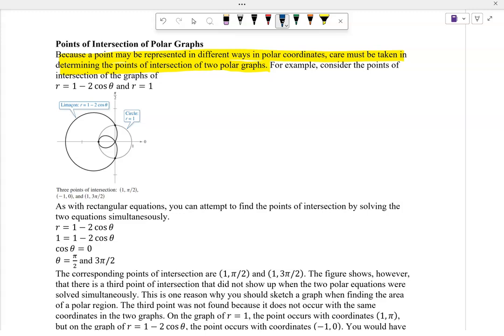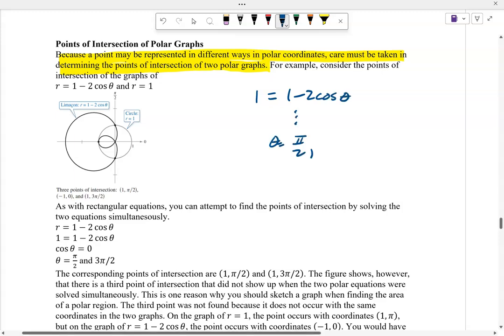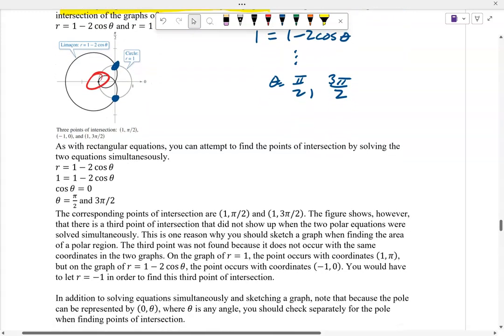If you were to solve where these two are equal, where does this r equal that r, you get the pi/2 and the 3pi/2. So it's giving you that one, and it's giving you that one. But notice, you're missing one intersection. There is a third one.